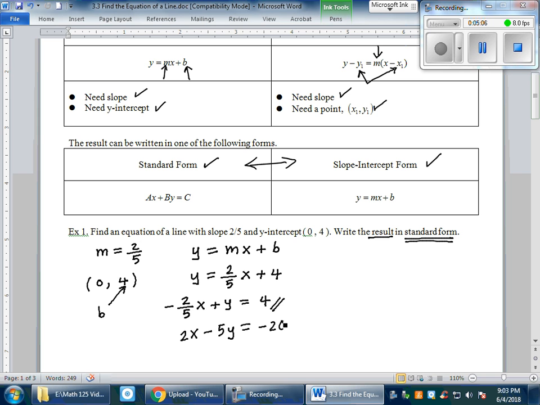Basically I multiply every single term by the LCD, which is negative 5 in this case. So this is also the answer. You can put either one. I accept both on the test.